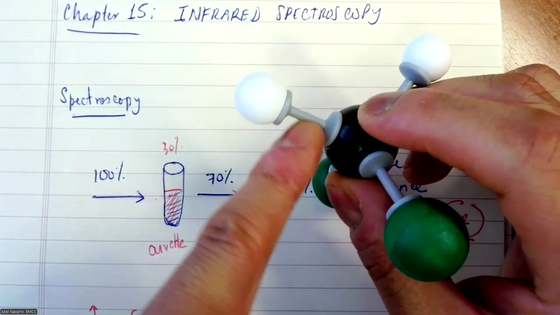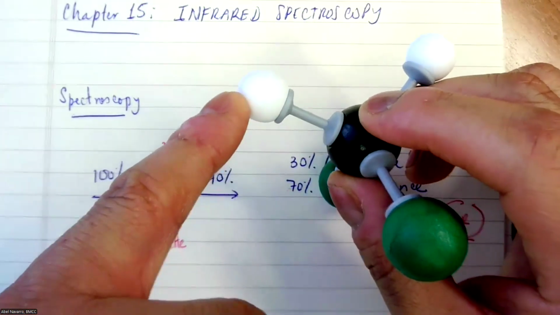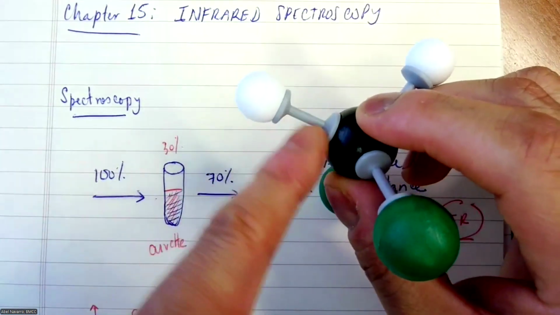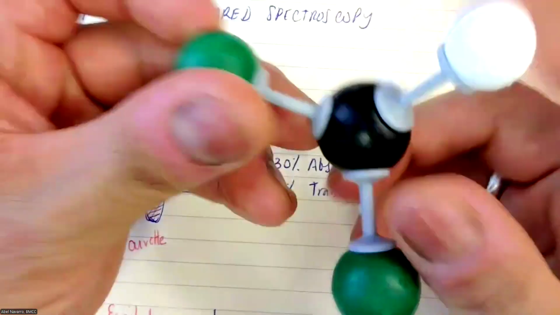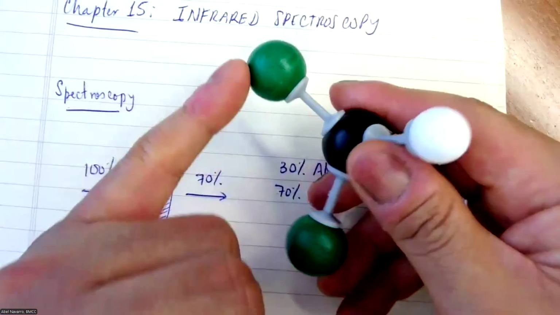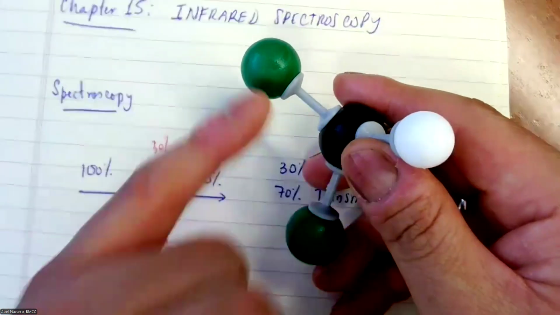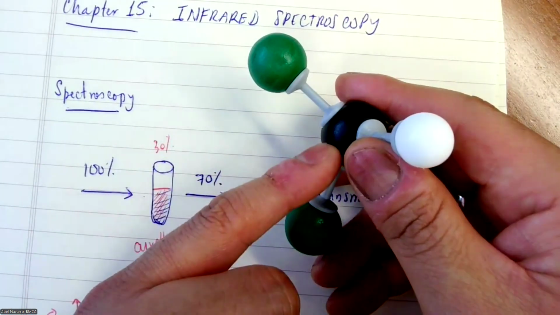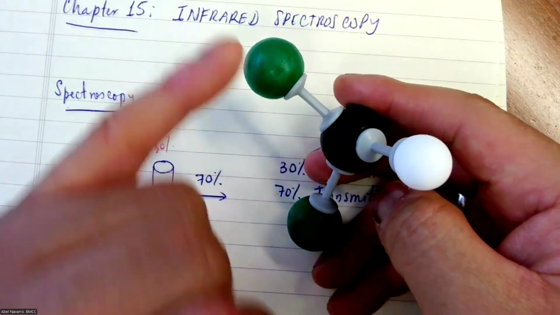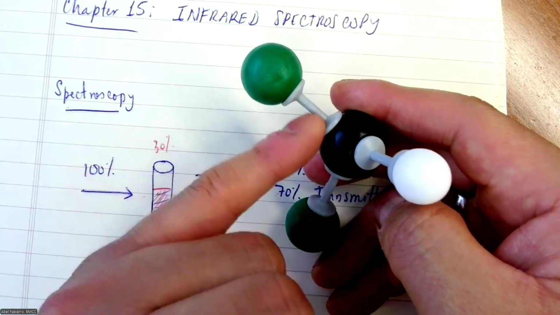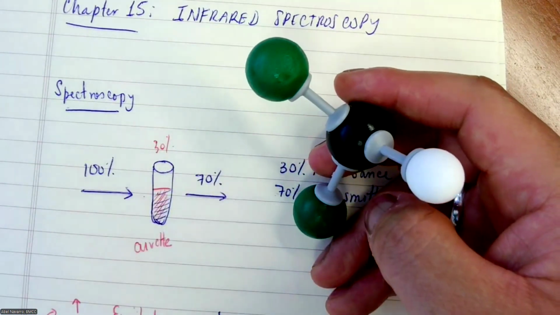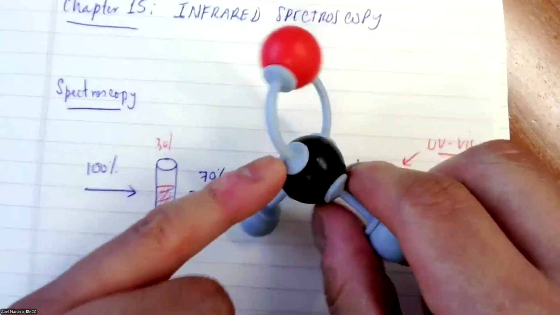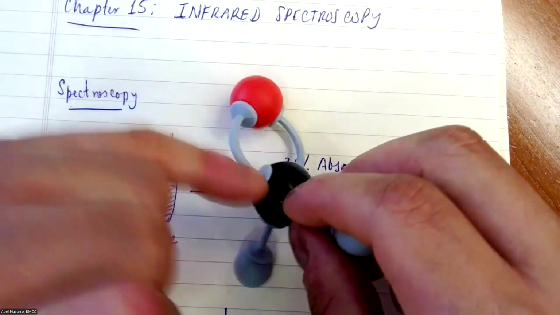Remember, you see bonds in infrared. You don't see the hydrogen, you don't see the carbon. What you see is the CH bond. This one is bromine. If you shine this with infrared, you are not going to see the bromine, you are not going to see the carbon. What you're going to see is the C-Br bond. Same thing here. This one is carbon, this one is a COO.